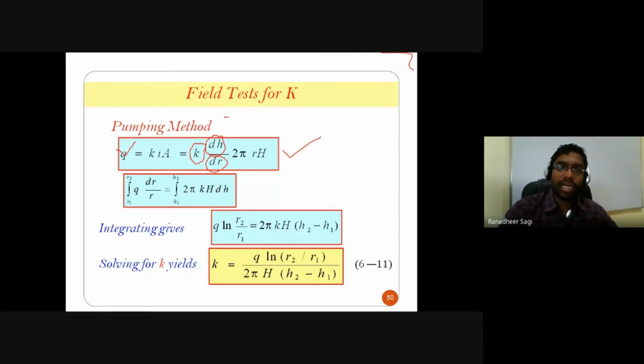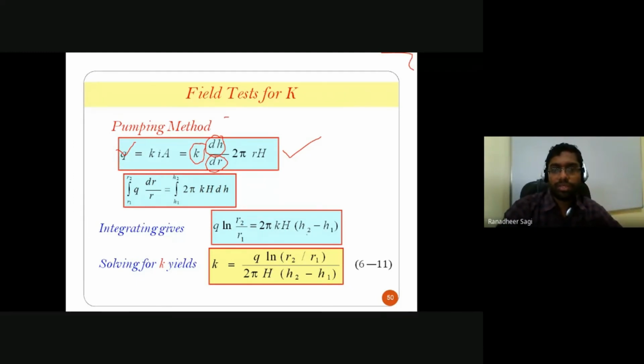Here, don't assume D is separate and H is separate. It's nothing but DH, both together. So 2 pi kh, everything can be taken out. What I'll have inside the integral is dh. Integral dh is nothing but h varying over the limits h1 to h2.